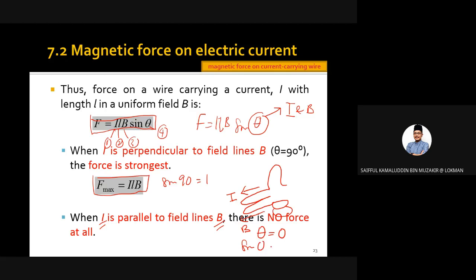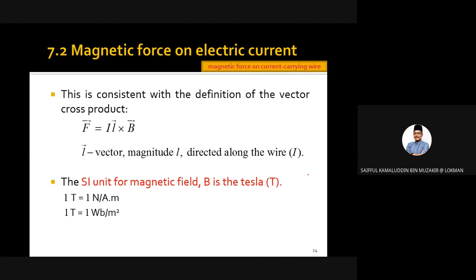Therefore, sine 0 equals 0. And if sine theta equals 0, our F will be 0. There is no F. You see? If theta is zero, there is no F. This is consistent with the definition of the vector cross product. So F equals ILB sin theta.